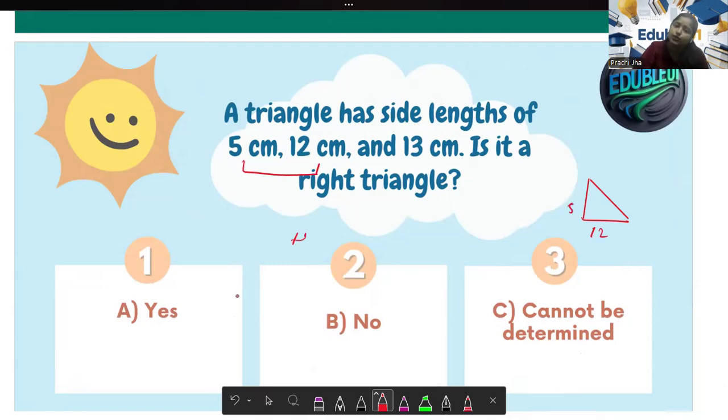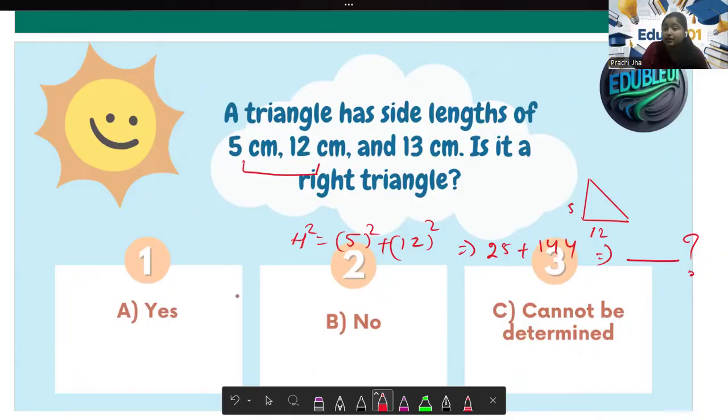So h square is equal to 5 square plus 12 square. 5 square is 25 and 12 square is 144. How much is it? You can find out and tell me how much it is exactly. 144 plus 20 is 164 and plus 5 is 169.